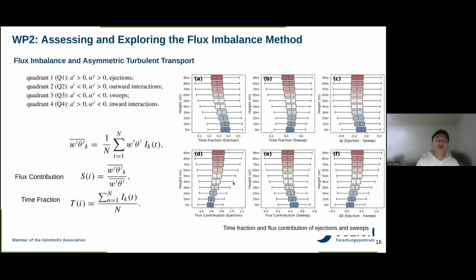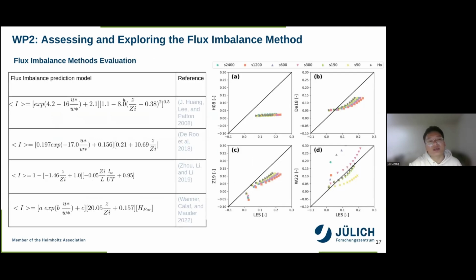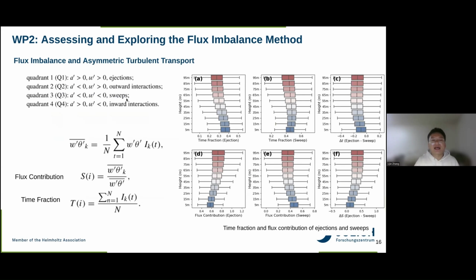Then we did the quadrant analysis. We decomposed the heat fluxes into four quadrants, or four classes. When both the θ prime and the w prime are positive, it is termed ejections. When both of them are negative, it is termed sweeps. Oh, sorry. The other two are outward interactions and inward interactions.